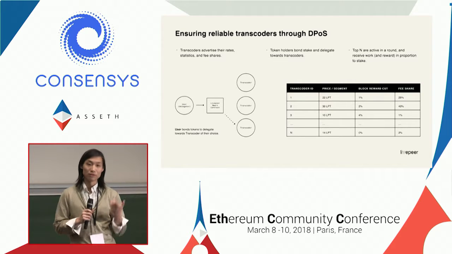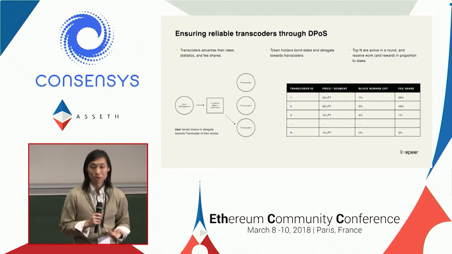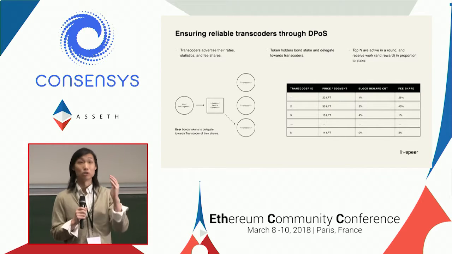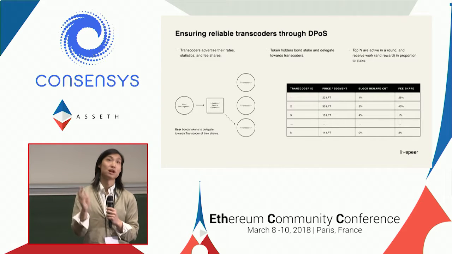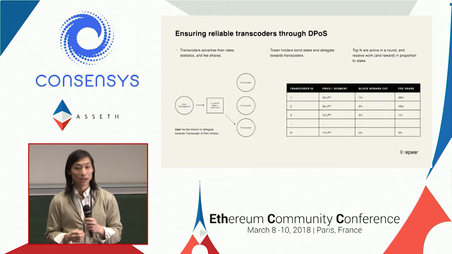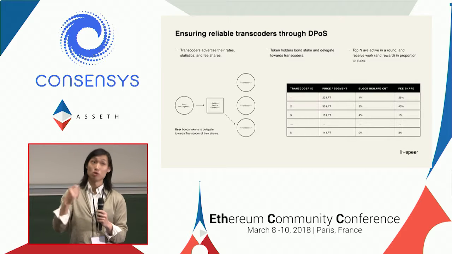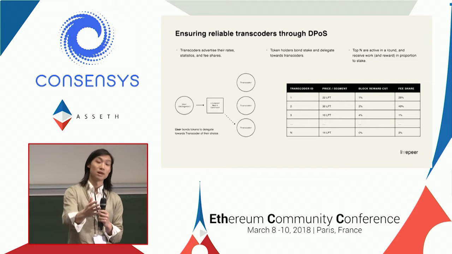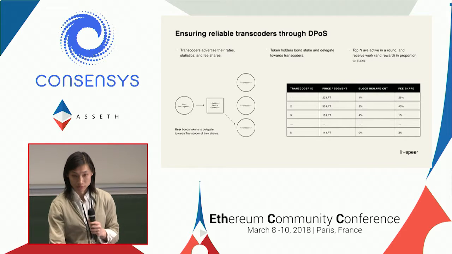People can know definitively how long you've been a transcoder, how much work you have done, how many times you have cheated or been slashed, and maybe your rate, which is how much you charge for the video transcoding service you provide, and also how much of the rewards that you get you're willing to share back to the people that delegate towards you, which we'll get into a little later.